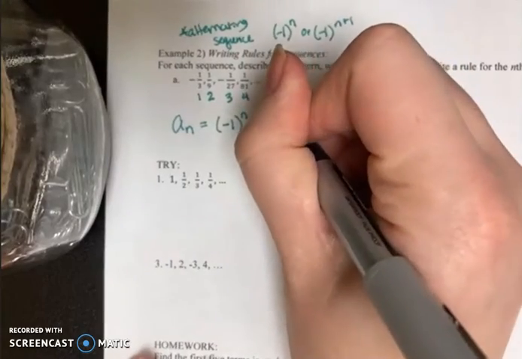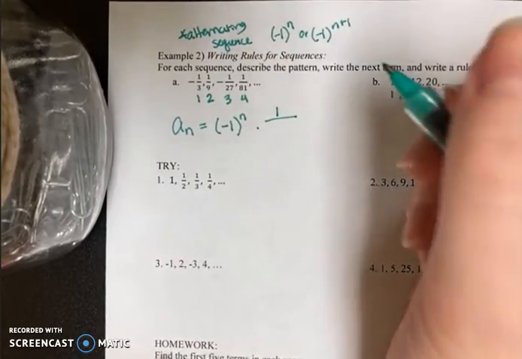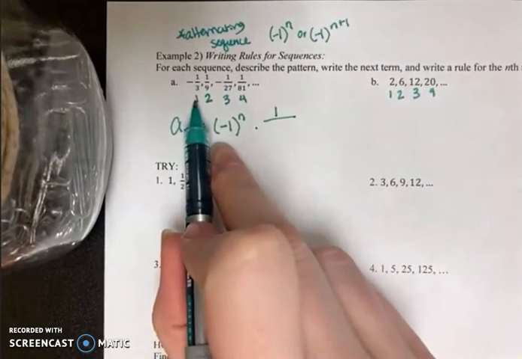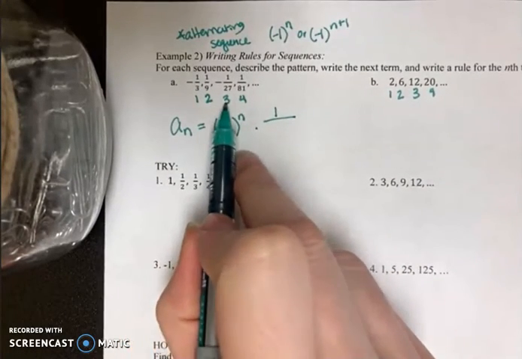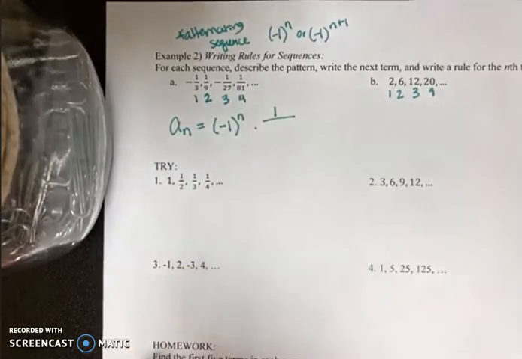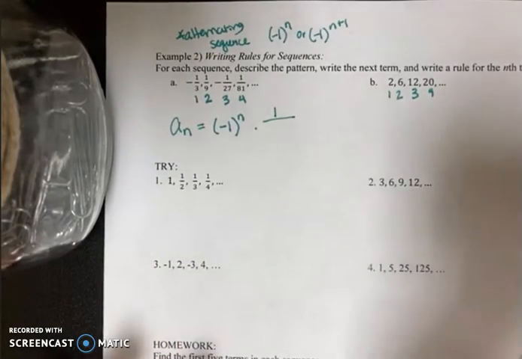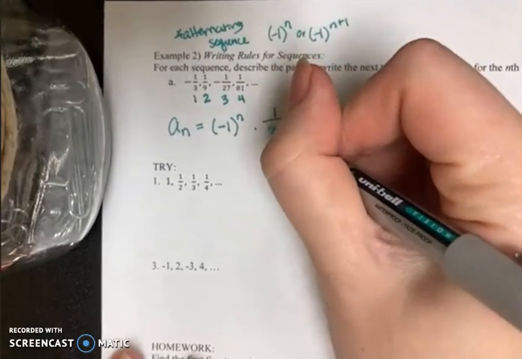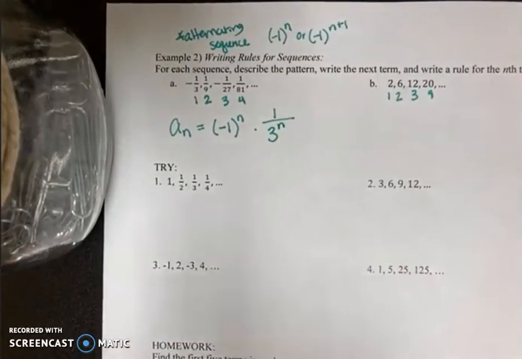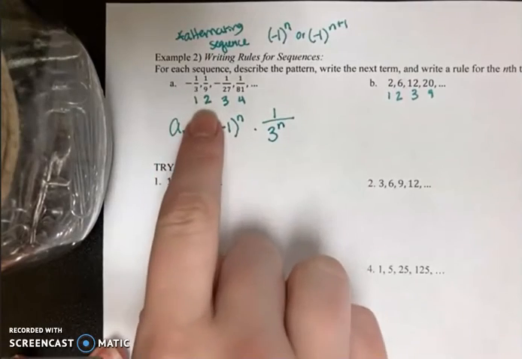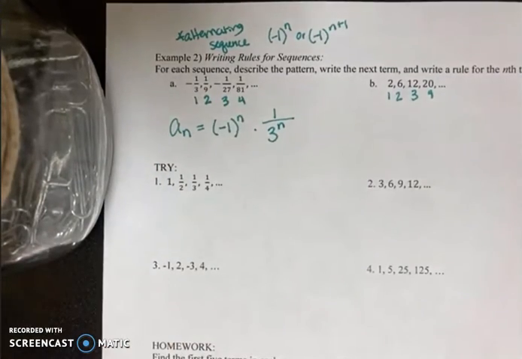I'm going to put times 1 over, because it's always going to be a 1. And then I ask, how do I get from 1 to a 3? From a 2 to a 9? 3 to a 27, a 4 to an 81. What do you have to do in order to get that? And I happen to recognize that would be 3 to the power of n, 3 to the power of your domain. Because 3 to the first power is 3, 3 squared is 9, 3 cubed is 27, and 3 to the fourth power is 81.